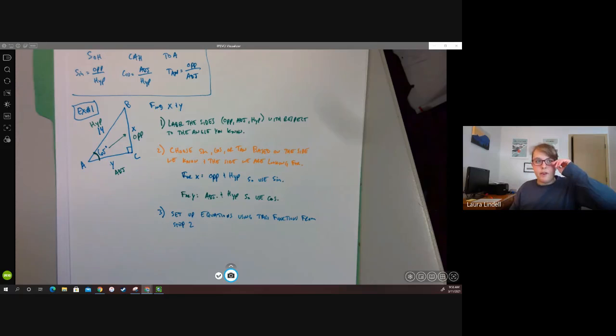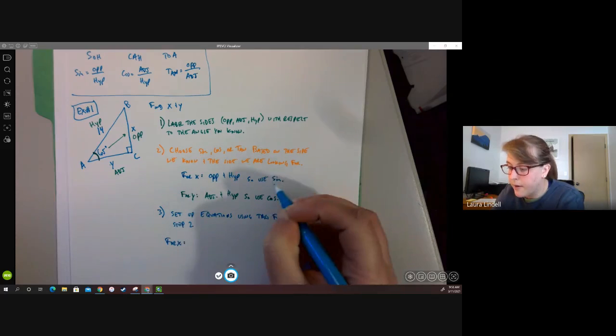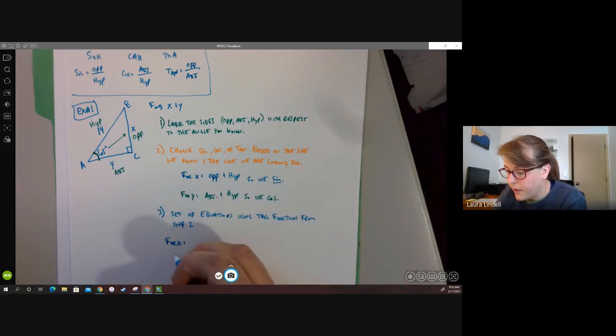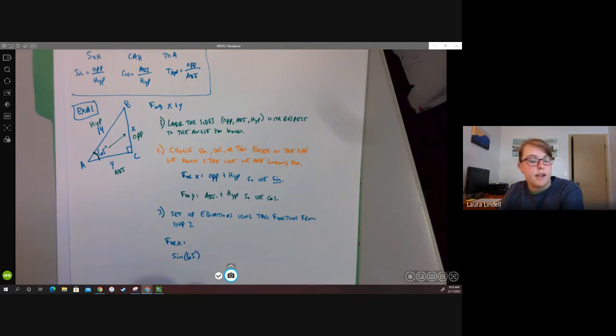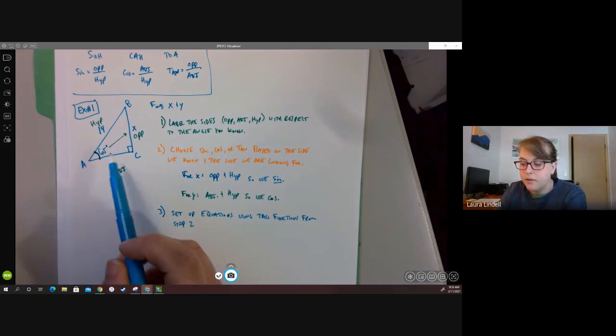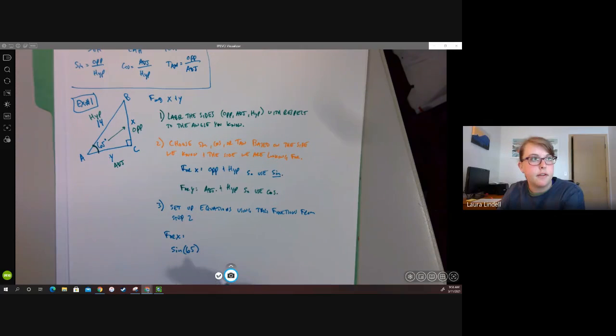Okay, and so the way that I'm going to do that is for x first. I know that I want to use sine. So I'm going to go sine of 65. The angle always goes inside the sine or the cosine. So since I know this 65-degree angle, that's what's going inside sine.